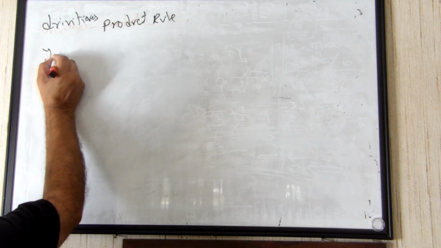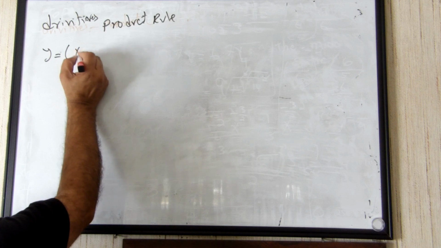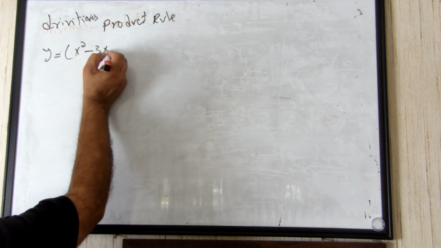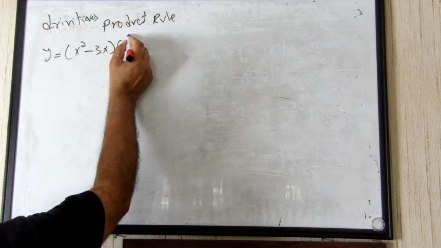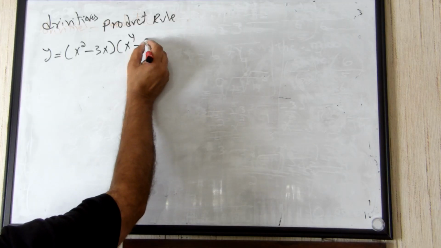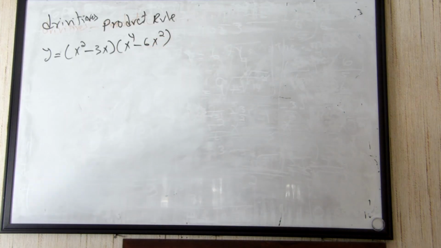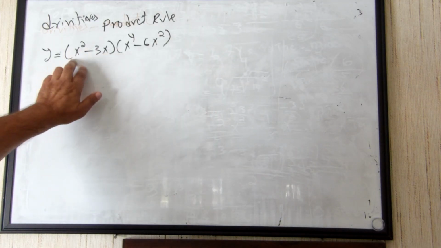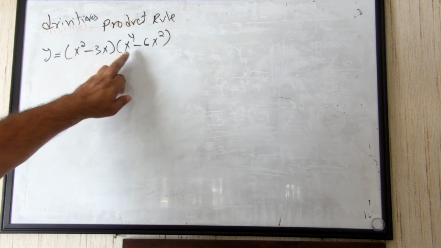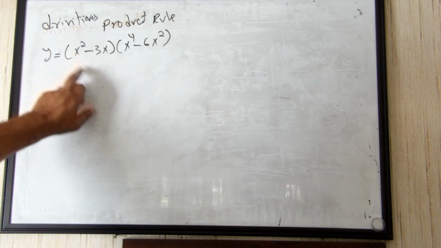This is y equals (x^2 - 3x) times (x^4 - 6x^2). Okay, what we do, this is a multiplication. This is one expression here and times the other one.